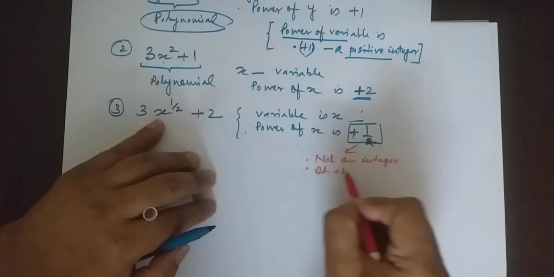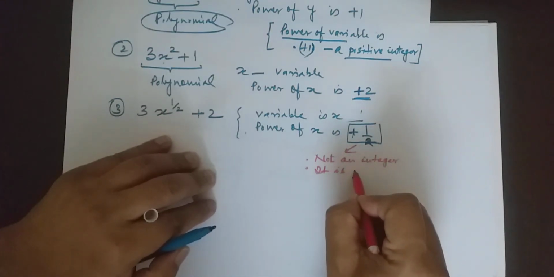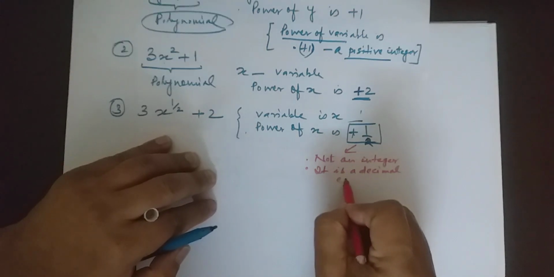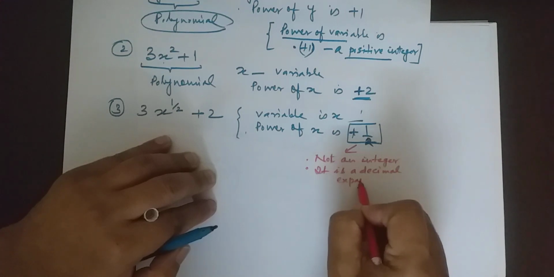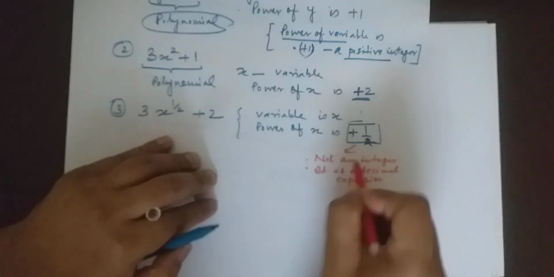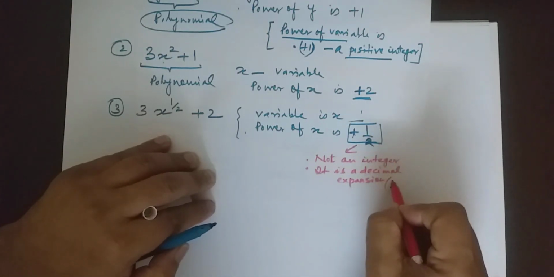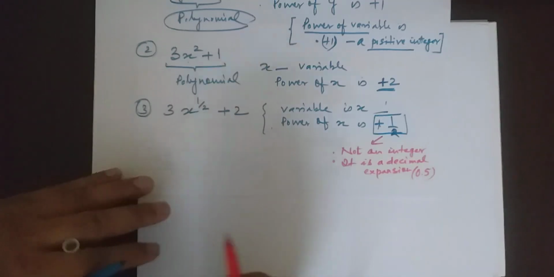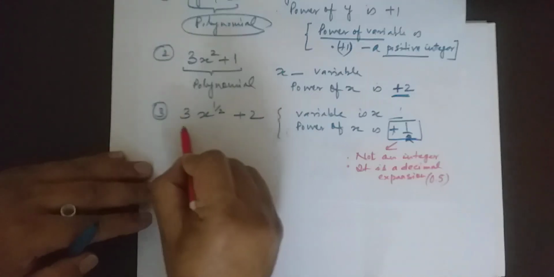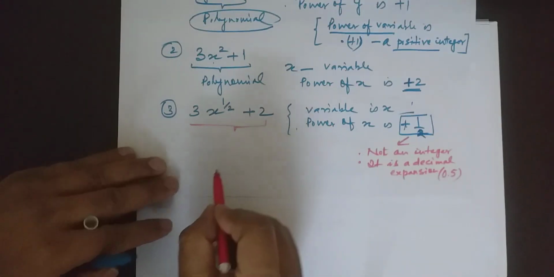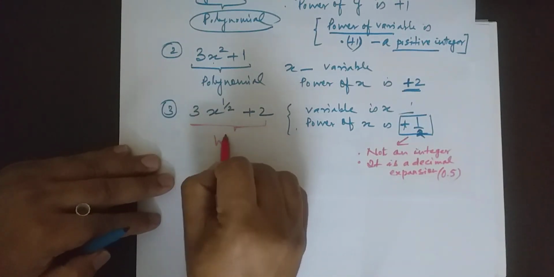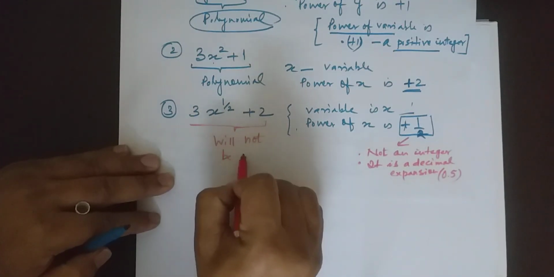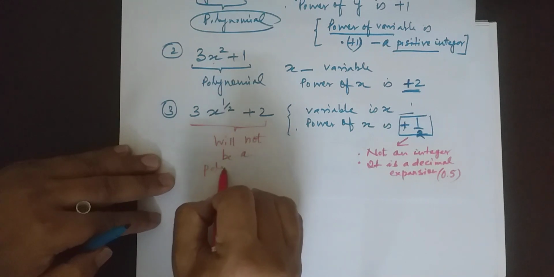And since it is not an integer, it is a decimal expansion of this 1/2, which is nothing but 0.5.